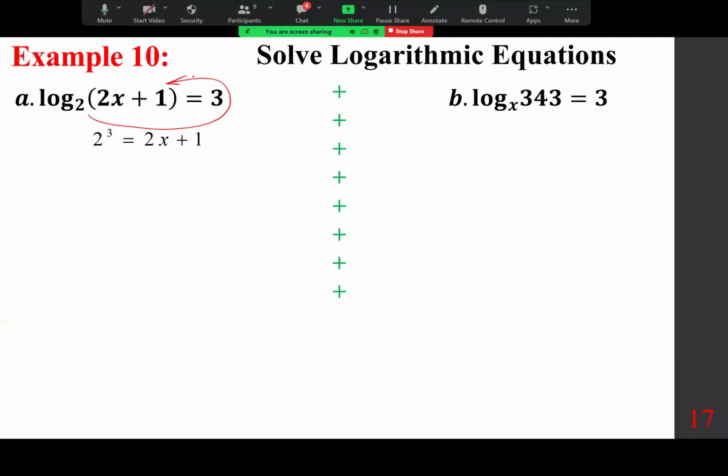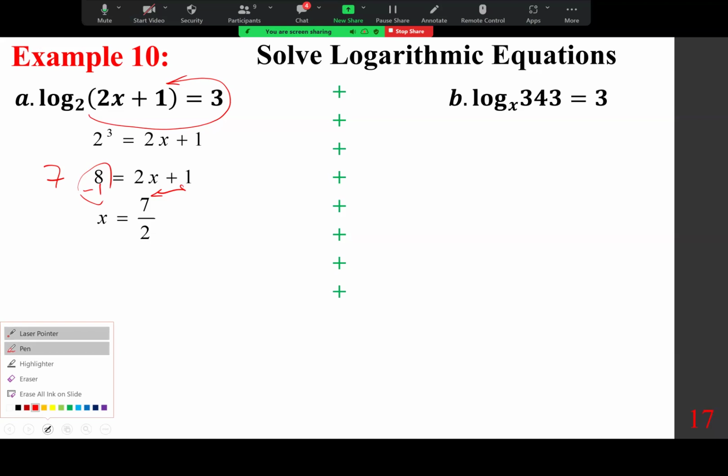Two cubed is 8. Subtract 1 becomes 7. Divide by 2. You're done.